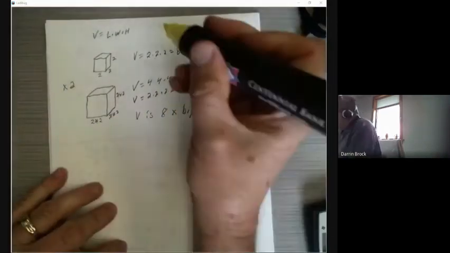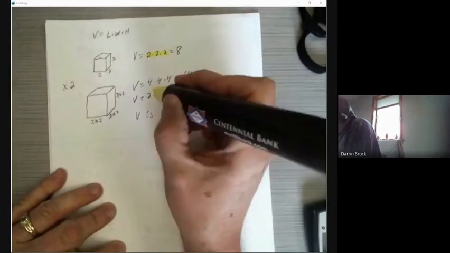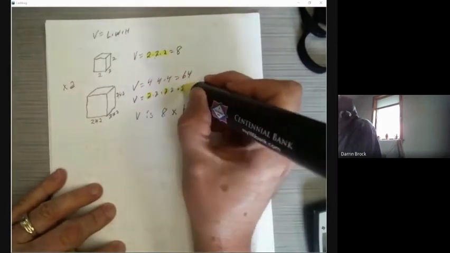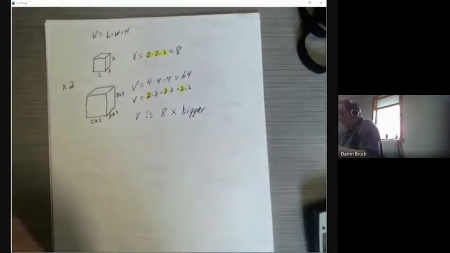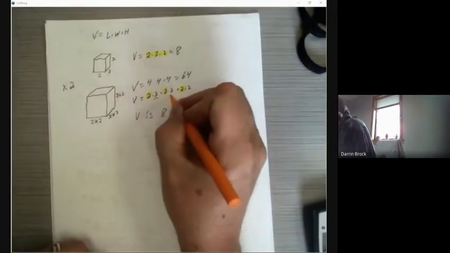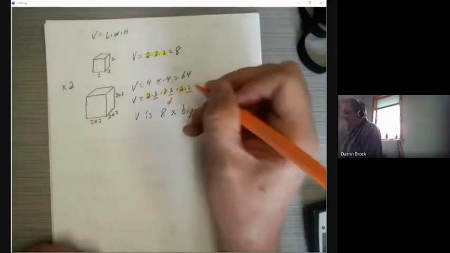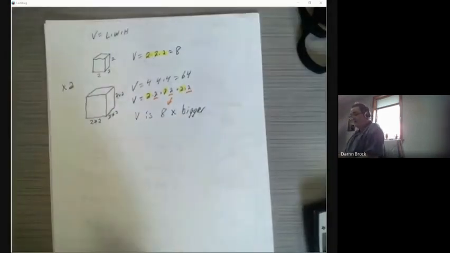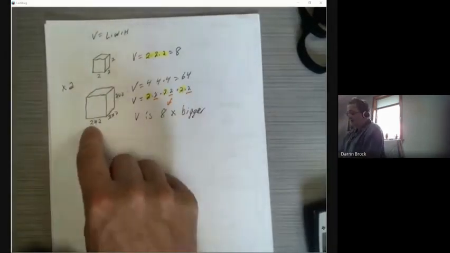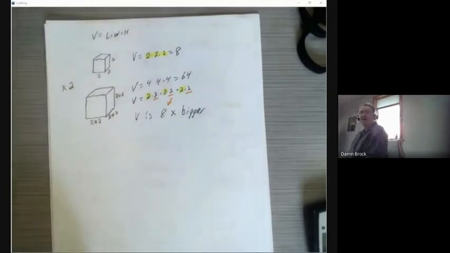So this was the original volume, and that was the original volume right there. But we've added another 2 times 2 times 2, which is where we get the 8. Because the times 2 is being used 3 times. That's why it got 8 times bigger.